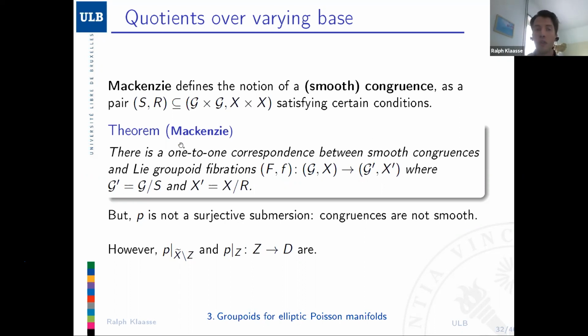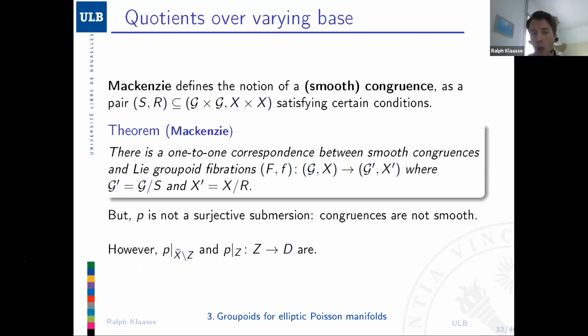But then Mackenzie proves for you that if you have such a smooth congruence, this is enough information to find a quotient. There's a one-to-one correspondence between such a congruence and a Lie groupoid fibration from the original groupoid to the quotient, where you are quotienting possibly both G and X.